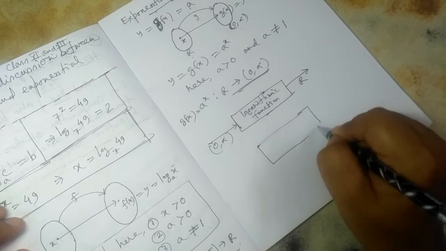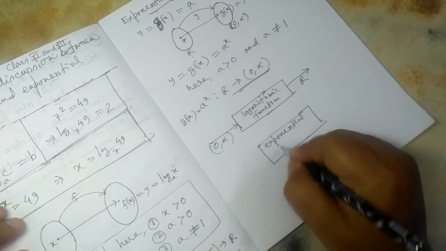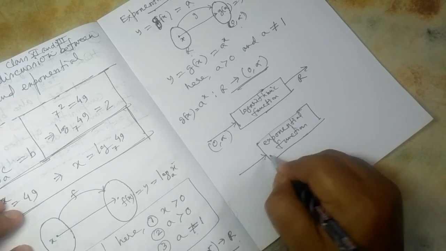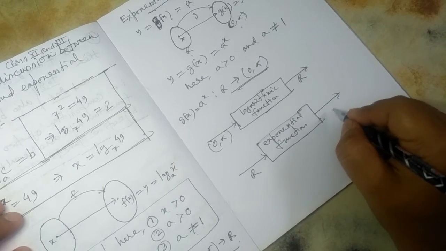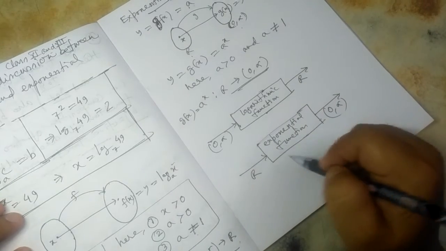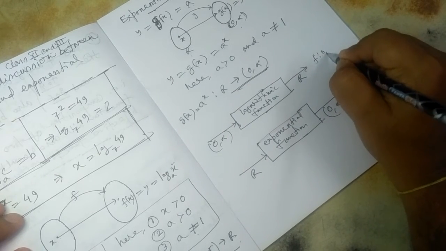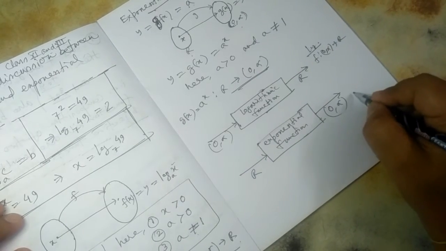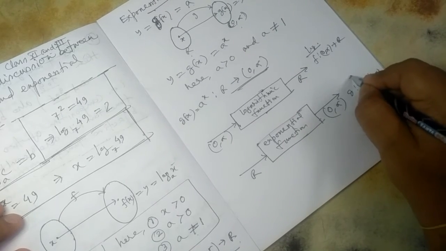Whereas for the exponential function, the reverse thing happens. That is, the input is taken as R, and the output is 0 to infinity. You can see that the reverse thing happens. For f(x), f is a function from 0 to infinity to R, that is the logarithmic function, and g is a function from R to 0 to infinity. This is the exponential function.